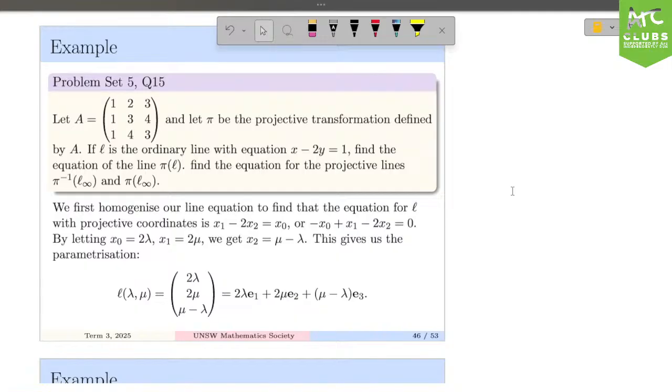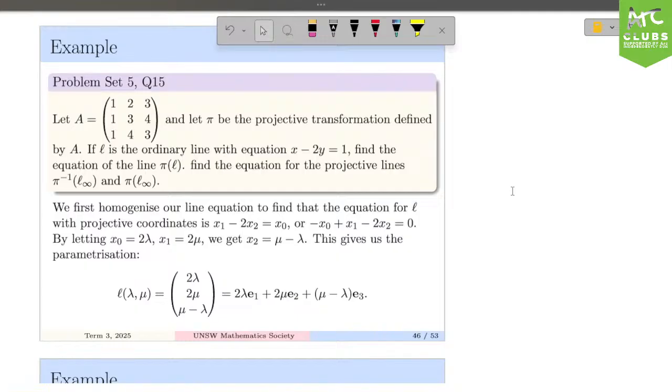So now we can parameterize this as L of mu lambda is equal to, well, the x0 coordinate is going to be 2 lambda, that should be 2 mu, 2 mu, and then mu minus lambda.